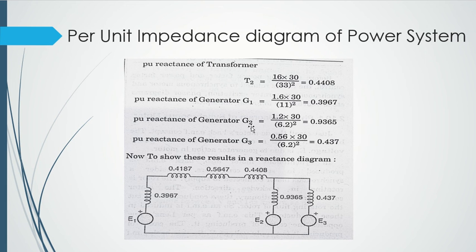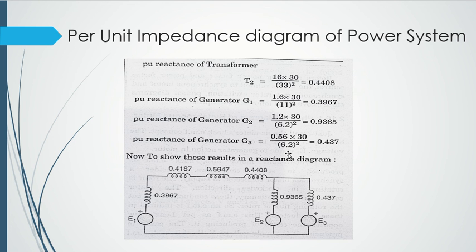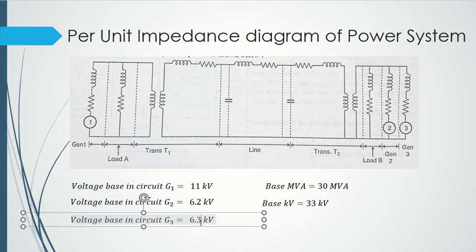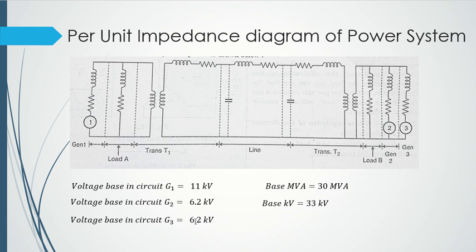We will be multiplying 0.56 with the base MVA, which is 30 again, and the base kV. I mistakenly took 6.3 here, but we can take 6.2 itself, because generators G2 and G3 have the same kV, so we should take the same kV value for both.